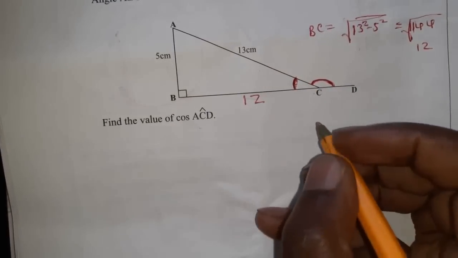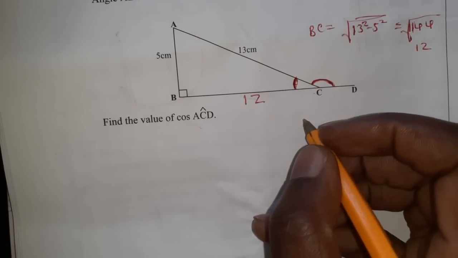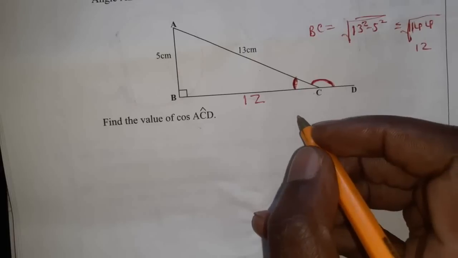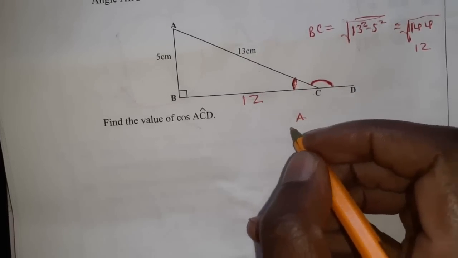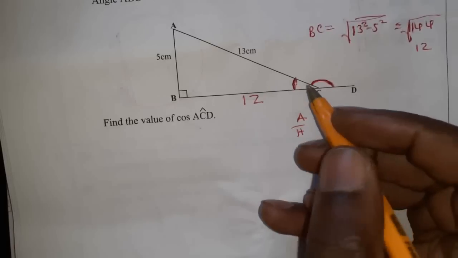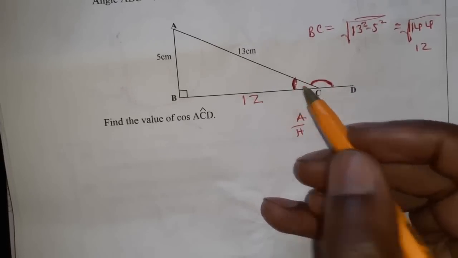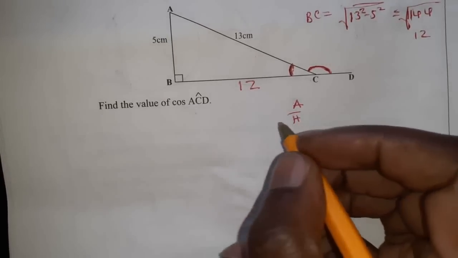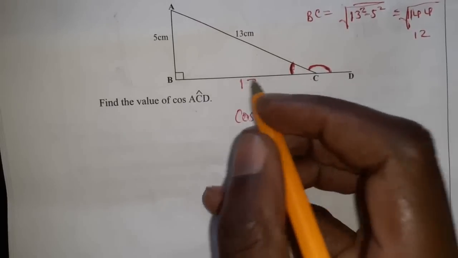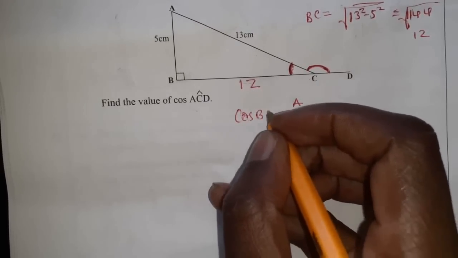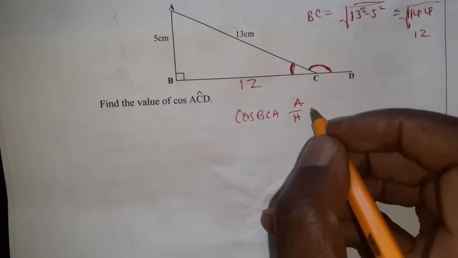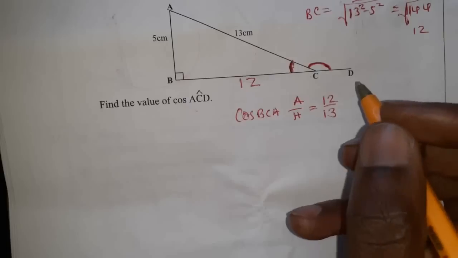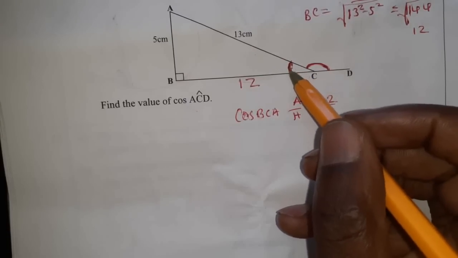So cos is equal to what? Adjacent over hypotenuse, isn't it? So here, what is our adjacent? We start with cos BCA. It's going to be equal to 12 over 13. Okay, this one here, right?